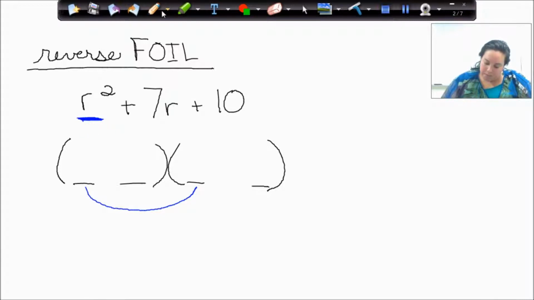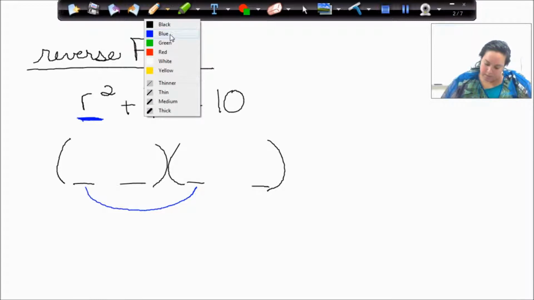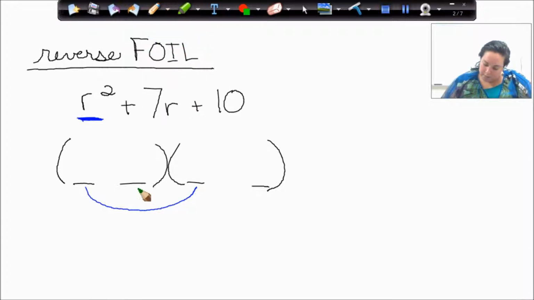And if we multiply the last times the last, that's going to give us this term here. So we know that this times this has to give us r squared.